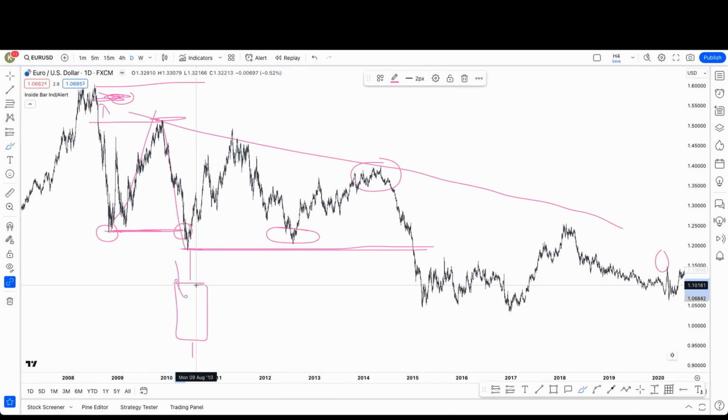So generally speaking, we want to see breaks of structure with a body just to show that momentum's going in the correct direction. Because if there's a wick and it pops back into the zone, that shows that there might be buying pressure, rejecting off an area like this.